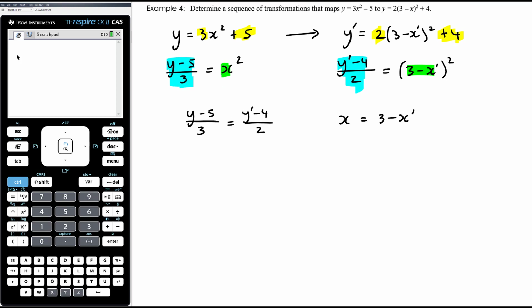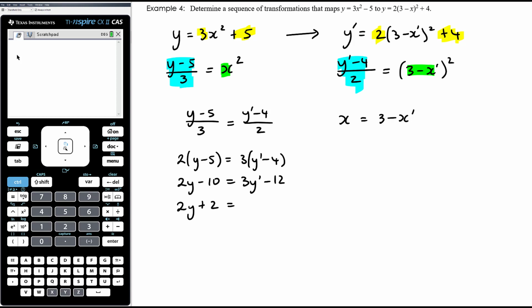Left hand side, if we cross multiply, which is essentially getting a common denominator of 6 and then multiplying by 6, we get 2 times (y minus 5) equals 3 times (y dash minus 4). So that's 2y minus 10 is 3y dash minus 12. We're making y dash the subject, so let's add 12.